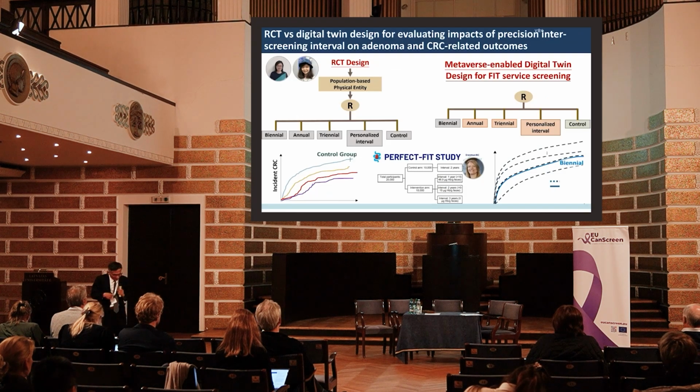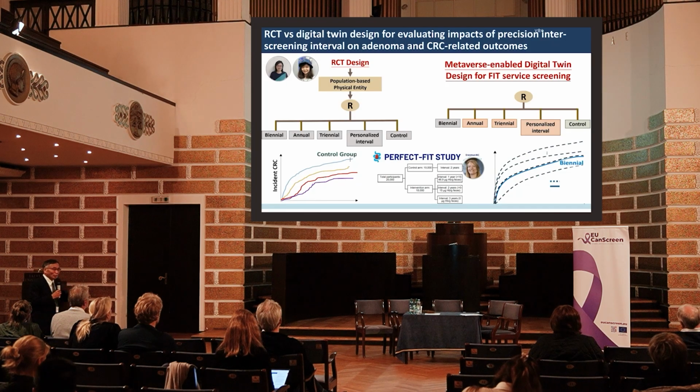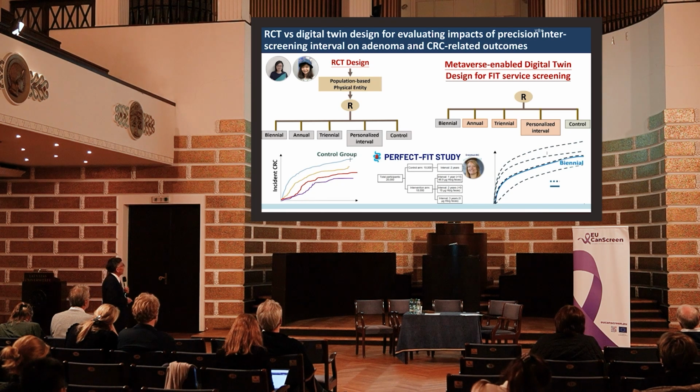So this is for a fixed surveillance interval by concentrations. Now, we still need a randomized controlled study, like Carlo already proposed, the perfect study in the Netherlands, and the biofeed in Italy. But in order to get closer to the result, or to convince people of personalized approaches, before you finish the randomized controlled trials, you can also use the digital twin and the metaverse.